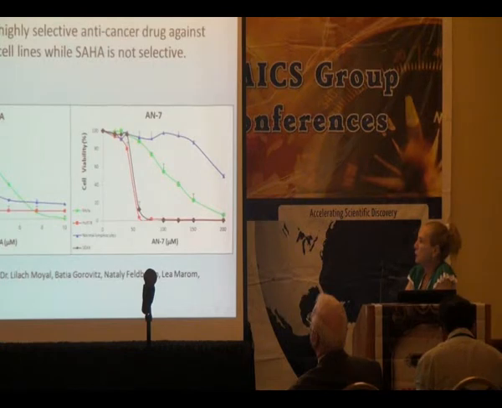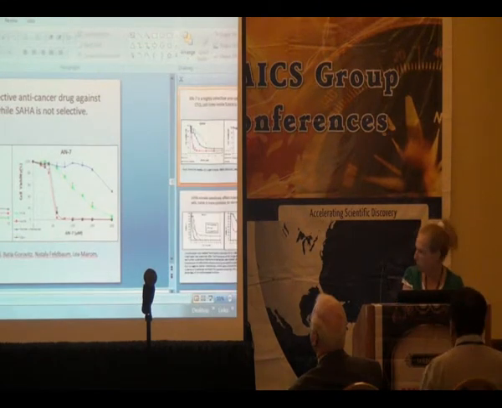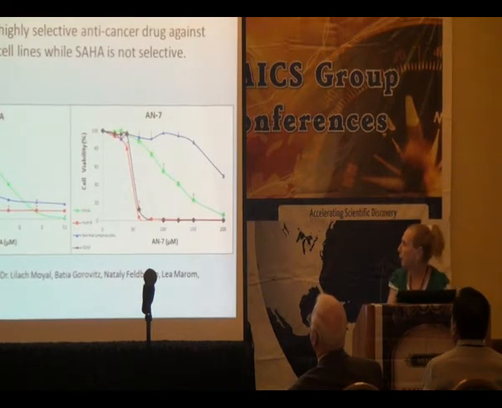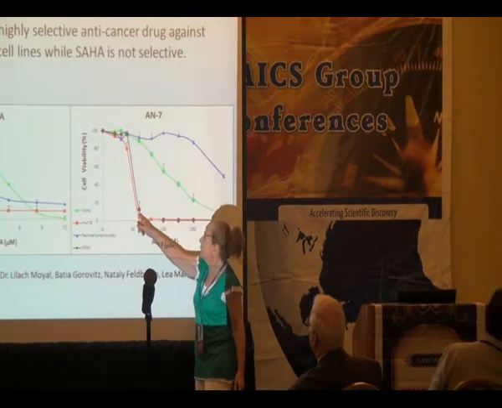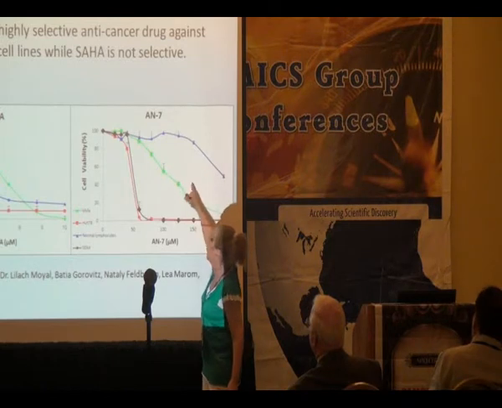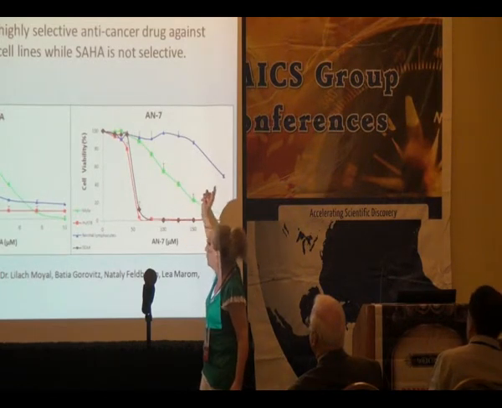Here we demonstrate with AN7 that the product affects selectively the cutaneous lymphoma cells and to a much lower extent the lymphocytes, whether activated by PHA or not.